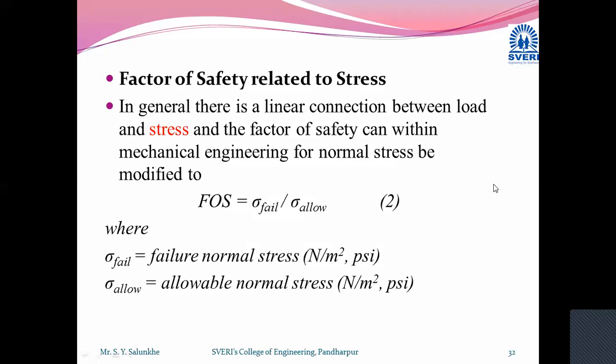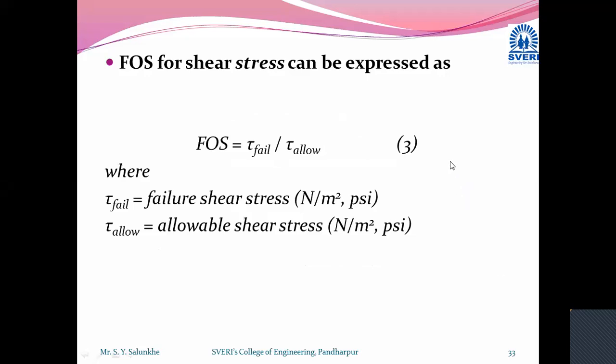And also we have calculated how this factor of safety can be calculated by considering the stress which is induced in any component. And that again we have seen for tensile stress and compressive stress, we are going to use the same symbol, that is sigma. And for shear, we are going to use tau. So we have calculated this factor of safety in terms of tau.